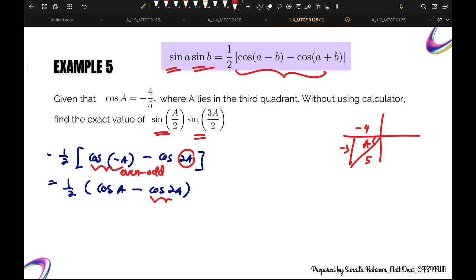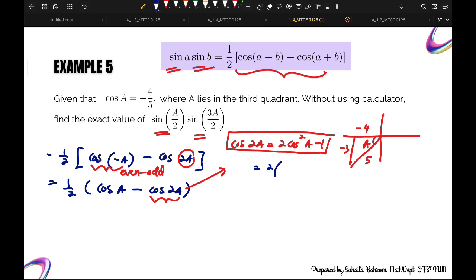What we can do here for the double angle is apply the double angle formula for cos. We have three formulas. I use the formula that uses cos because we already have the exact value for cos. This is one of the double angle formulas for cos. So I can find out separately first the value for cos 2A, which is equivalent to 2 cos A, negative 4 over 5 squared, minus 1.